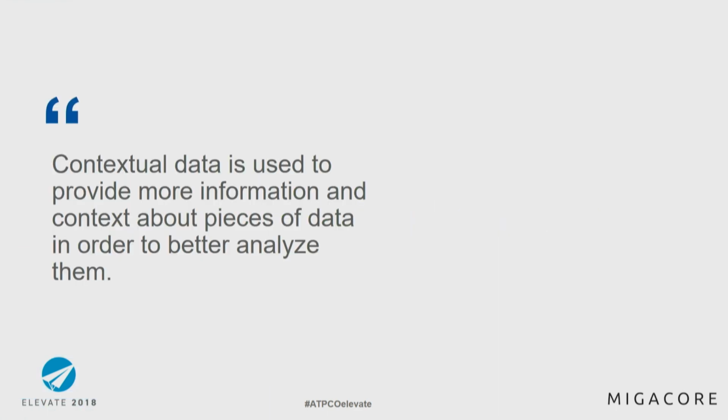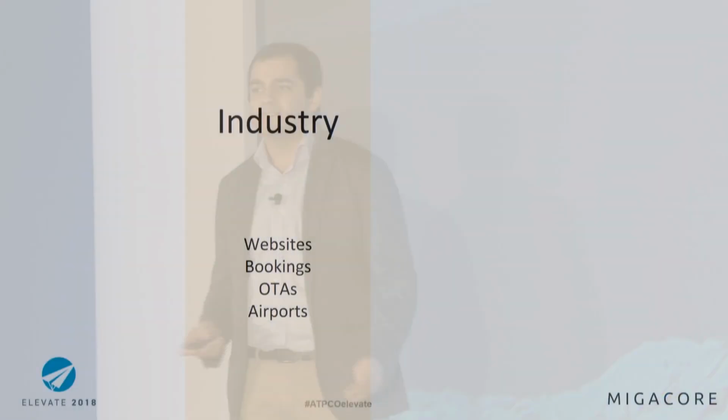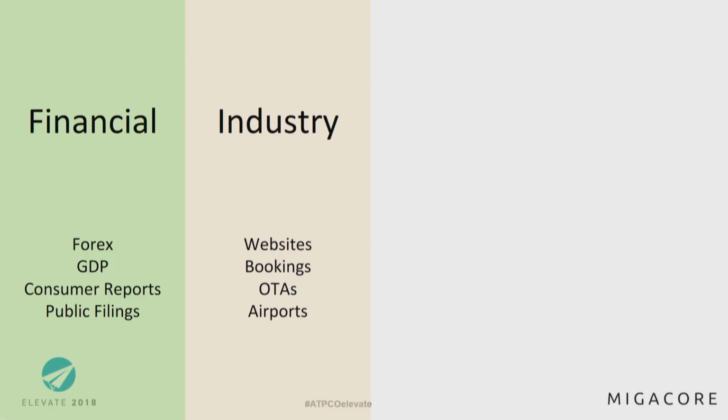Contextual data is any data that can be used to give us more information about the current state of the world, where it's going to be, and where it's been already. This is super important, but it's also visible across our industry and across the world. We can see it from ATPCO data, we can see it from our websites, from bookings, OTAs, and airports. We can also find it in the financial industry. We see it in Forex, in GDP reports, in public filings.